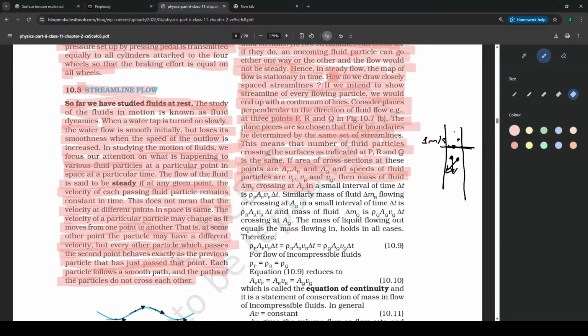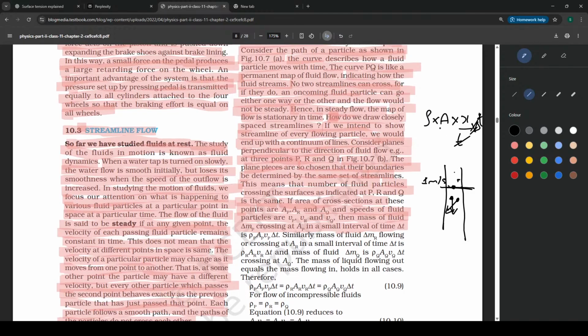Mass of fluid delta Mp crossing at AP in a small interval of time delta T. What we are considering is the mass of fluid crossing at AP in a small interval of time, delta T, that is rho AV delta T. We know that density times volume is mass, and volume is area into distance, where velocity is distance by time, so rho into area into x by t into delta T. These get cancelled.